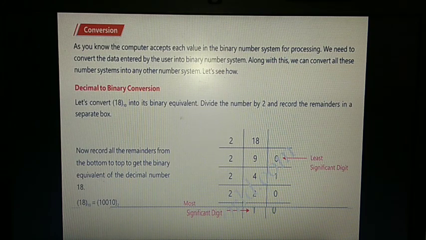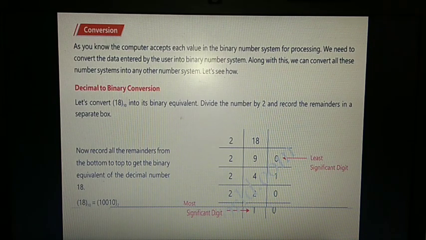So in the previous video I only explained decimal to binary. Now you know what conversion is: converting the data entered by the user into binary form.